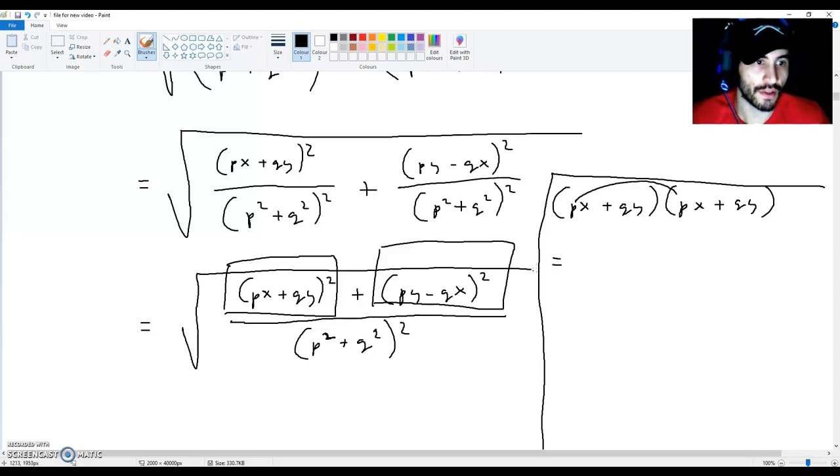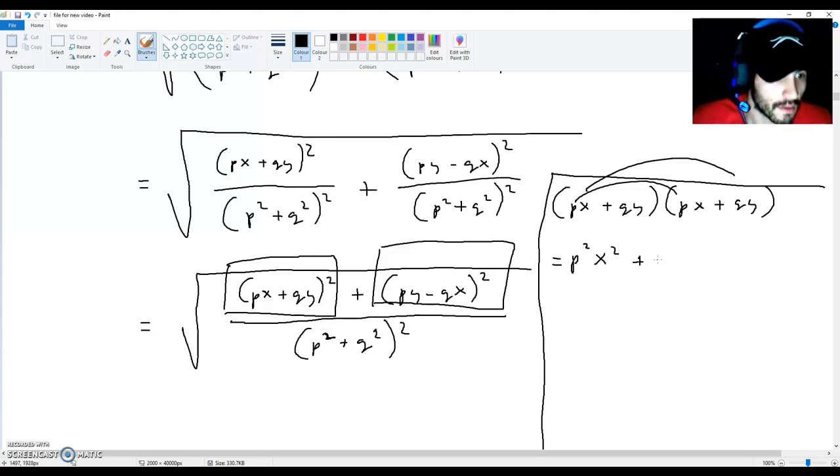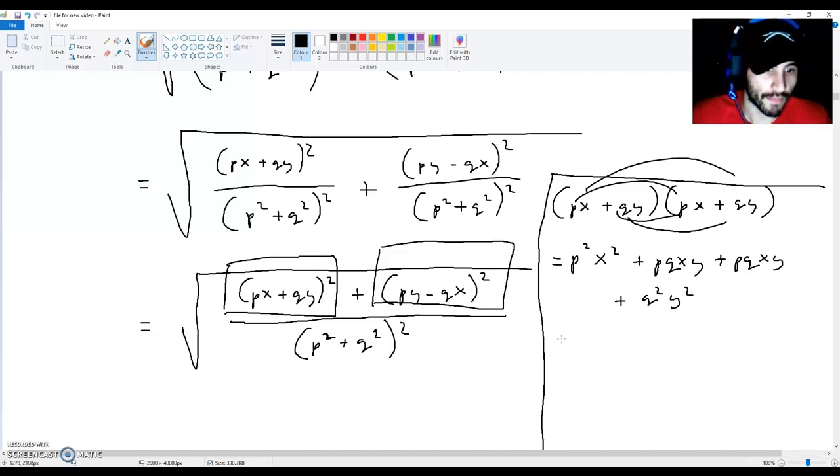This is going to be equal to p squared x squared plus pqxy plus pqxy plus q squared y squared. And this is the same as p squared x squared plus 2pqxy plus q squared y squared.